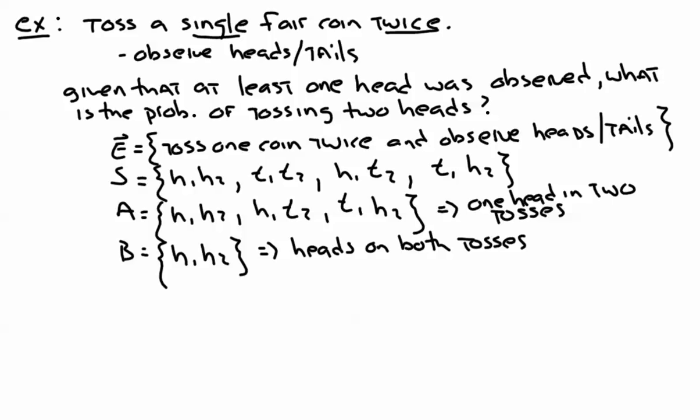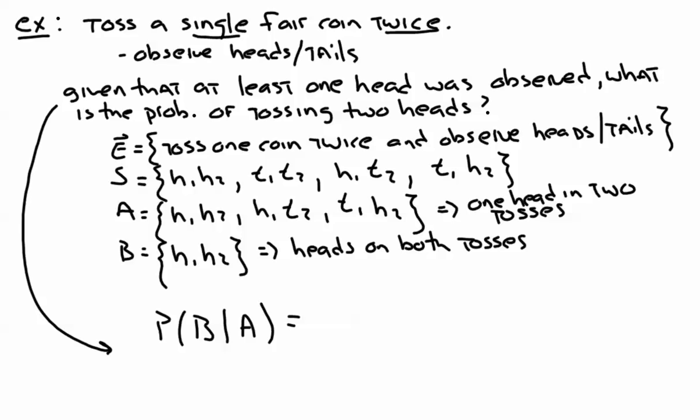Well, the question that's been asked of us is this. Given that at least one head was observed, meaning that event A occurred, what is the probability of tossing two heads, meaning that event B occurred? So we've asked ourselves, what is the probability of tossing two heads, given that at least one head was observed?